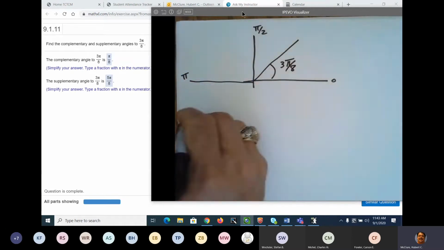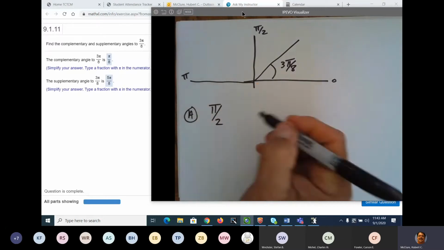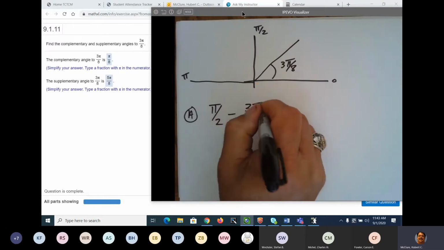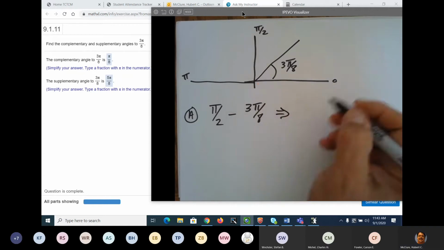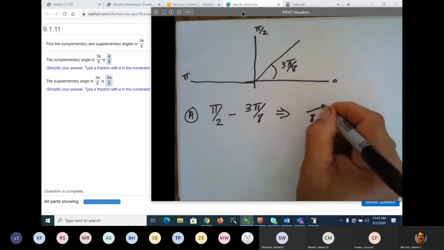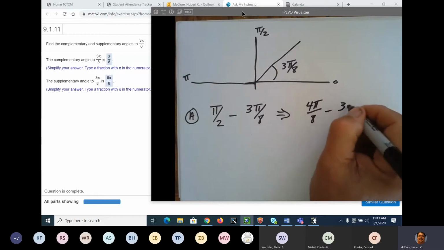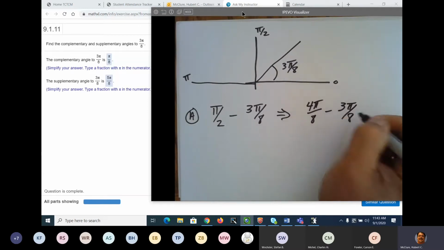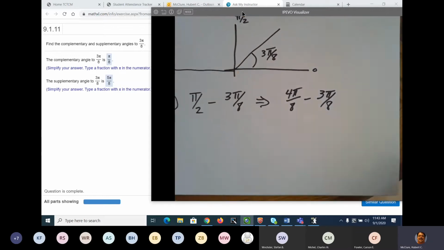So A is going to be pi divided by 2 minus 3 pi over 8, which is 4 pi minus 3 pi over 8, because 8 is the common denominator. And that leaves you with pi over 8.